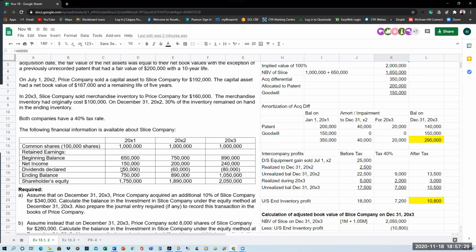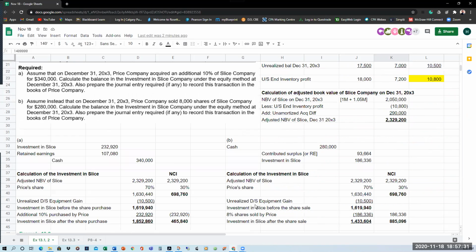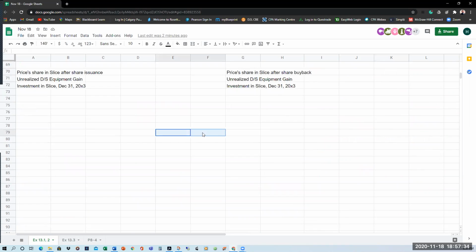Each year, if you do a continuity schedule, so investment in Slice, we would have begun Jan 1st, year one, with 1.4 million.